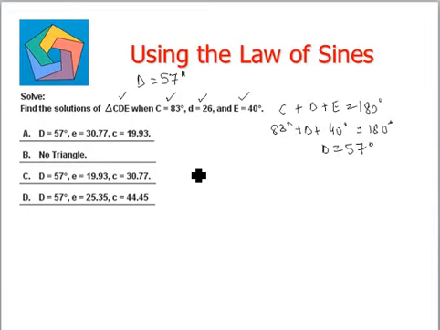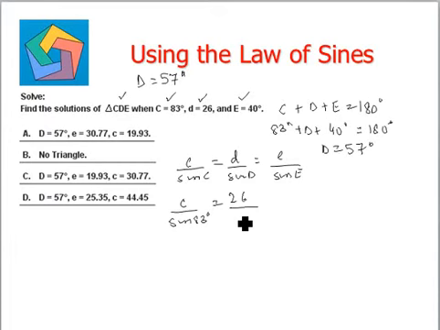Now we'll put in our sine law: c over sine C equals d over sine of angle D equals e over sine of angle E. We'll plug in the values. c we don't know, so c over sine of 83 degrees equals d, which is 26, divided by sine of 57 degrees, equals e, which we don't know, divided by sine of E, that is 40 degrees.